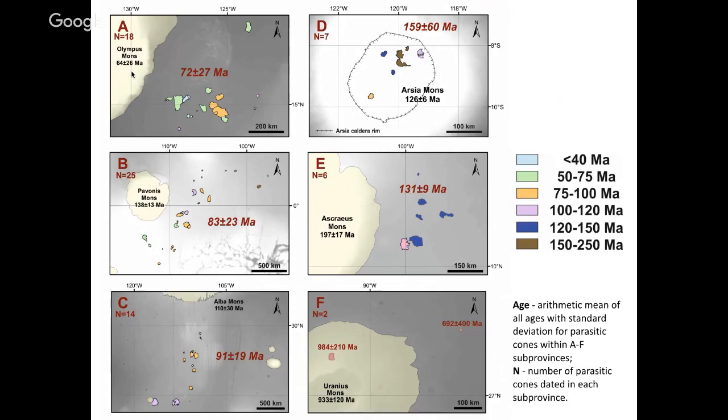This is an example for a young volcano, Olympus Mons. This is an example for an old volcano, Uranius Mons. I said it's similar, but very often it is slightly younger also. And I will have an explanation for that.